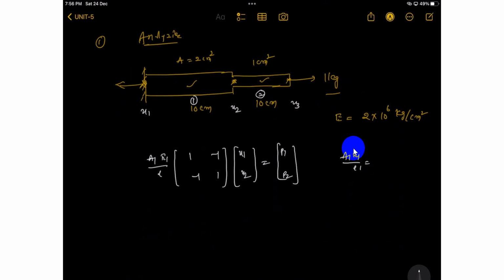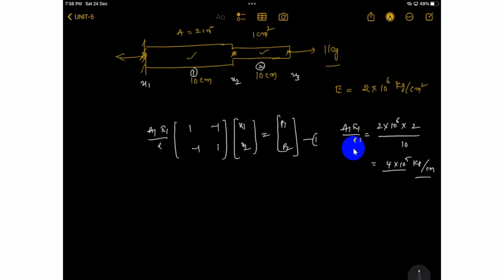Write down 2 into 10 power 6, A is 2, L is 10. So 4 into 10 power 5 kg per centimeter. That is the first elemental matrix equation.